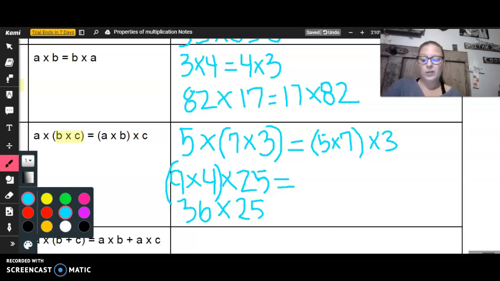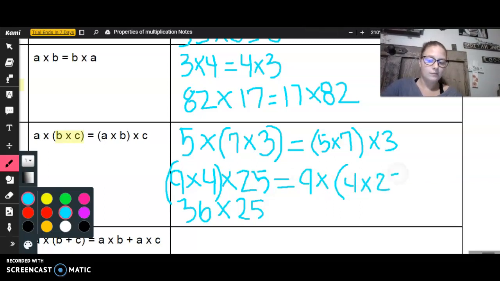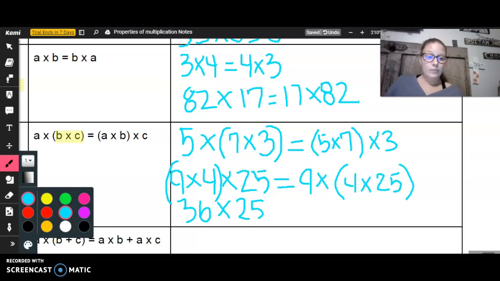So this is what we would use the associative property for. So we will do 9 times, parenthesis, 4 times 25. Now, we are able to do 4 times 25 in our head because that's 100, and we could think in terms of quarters, and we all know how to count money.